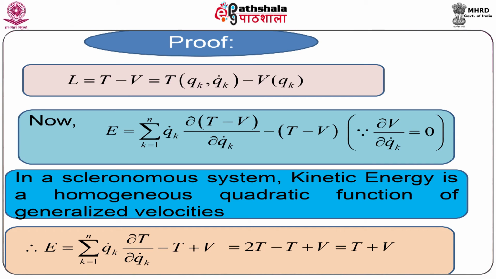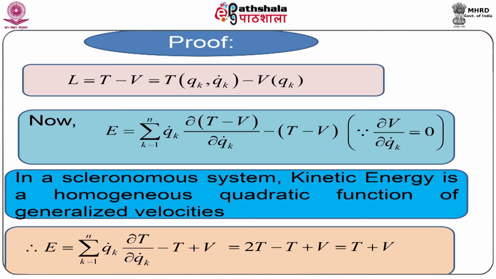Let us prove it. L is the Lagrangian of the system, which can be written as the difference between kinetic energy and potential energy, where kinetic energy T depends on generalized coordinates and generalized velocities and potential energy depends only on generalized coordinates.